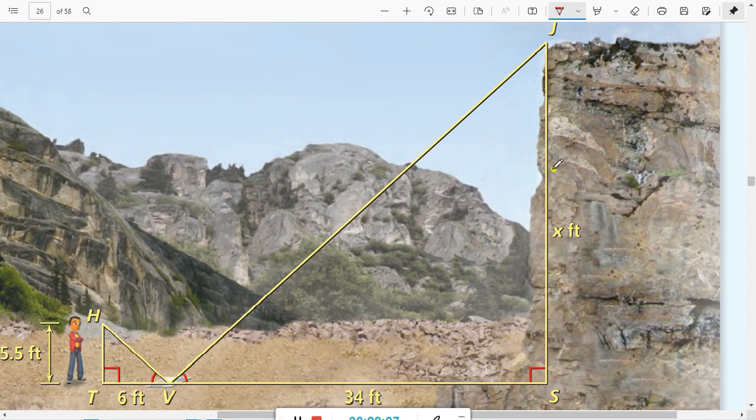That's X, the height of the cliff. All right. So first off, let's see if we can prove the triangles are similar. Okay, we have a right angle here, and we have a right angle here. So that's one angle. And then we have this angle here, congruent to this angle right here. So the triangles are definitely similar by AA.